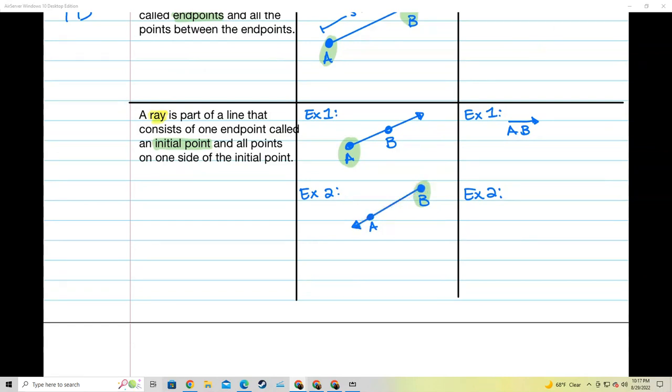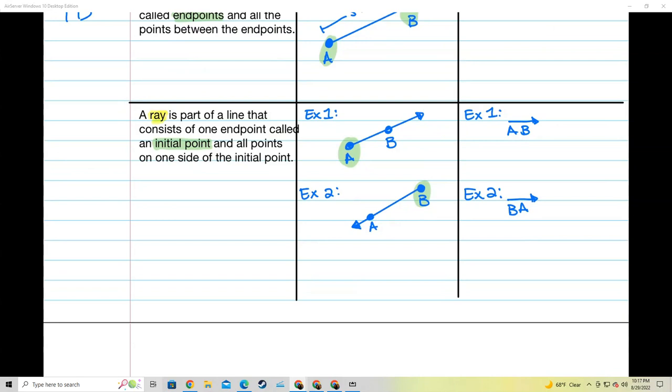So when you write this one, you're going to write using the same format. You're going to write ray. This ray started at B and went through A. The order matters. You always have to start with your initial point when you're writing this stuff and then tell me what it's going through.